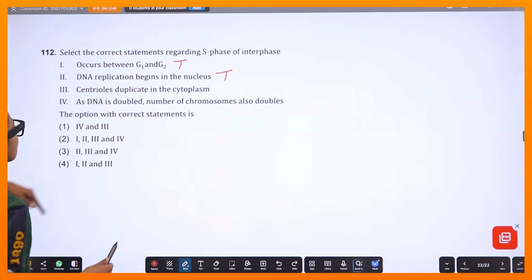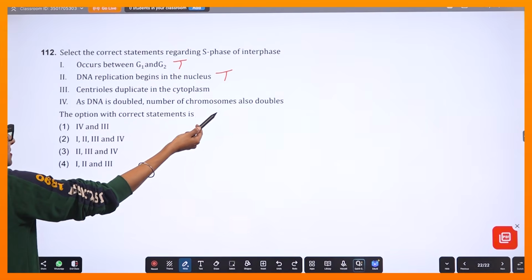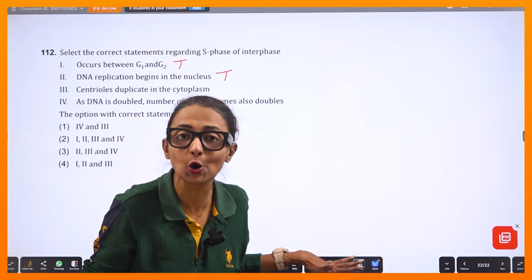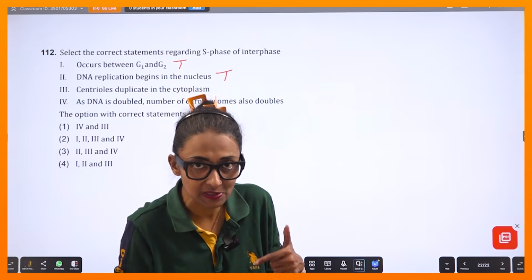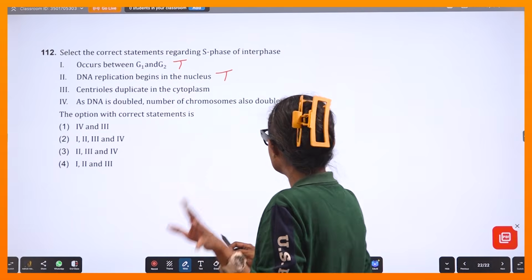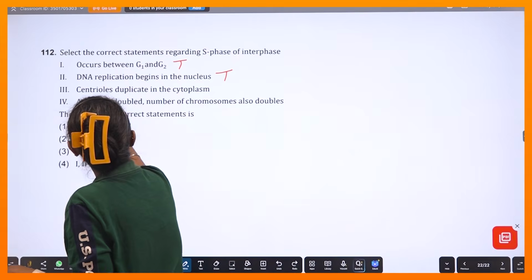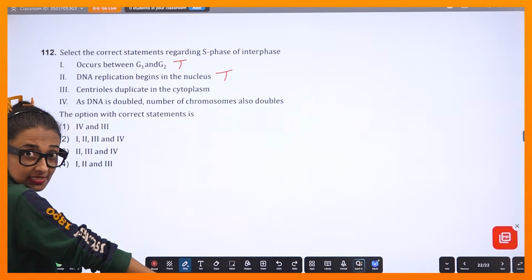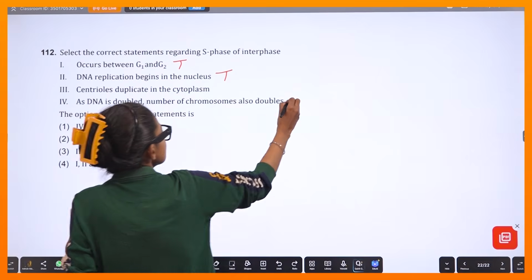Okay, let's read the fourth option. As DNA amount is doubled, number of chromosomes are also doubled. No. If the chromosome number doubles, then that means what? It's mutation, which is absolutely incorrect. So only the DNA is doubled, chromosome is never doubled. So this is false.